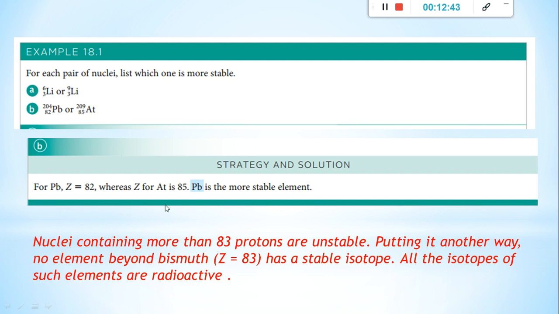Here we see Z, the atomic number, which is also the number of protons of a nuclei. Since 85 is greater than 83, so 84 and above will be considered as unstable isotopes.